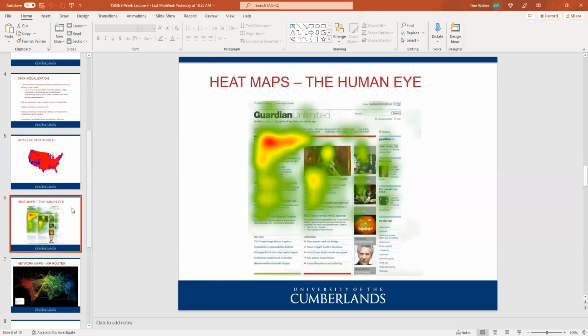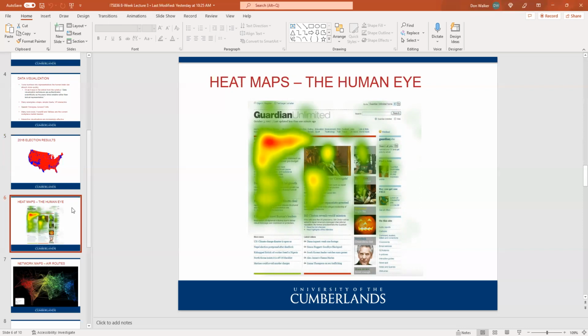Heat maps and the human eye. This is an interesting visualization. You can hook a camera up if you're a web page tester. You can hook a camera up to the computer and then show anything, visualizations, web pages, whatever, to the user. And this human eye heat map will show you where and for how long people looked.